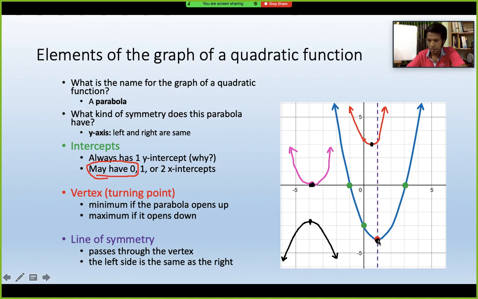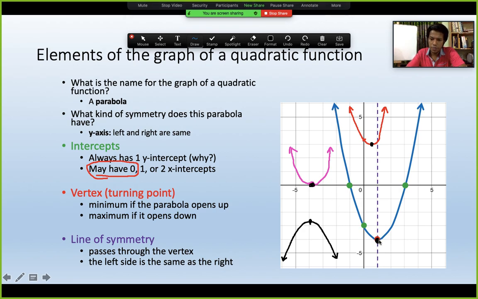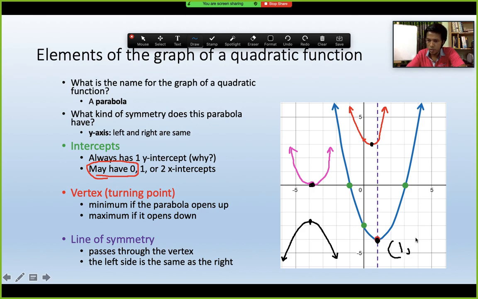This is the vertex. What does vertex x value mean? Let me explain this very clearly. If I ask you what is the coordinate of this point, see, x equals 1, y equals minus 4. So this point is (1, -4). Then what is the line of symmetry here?